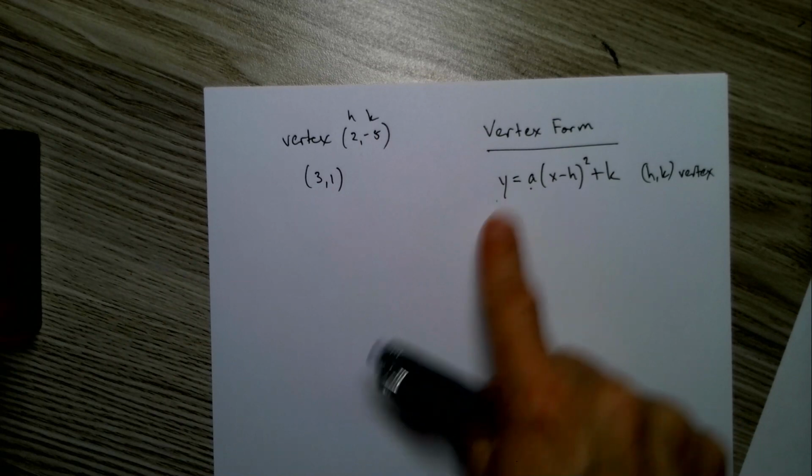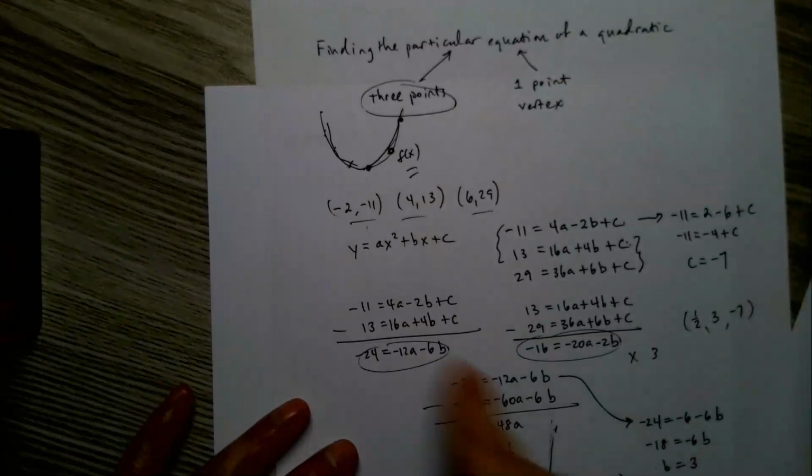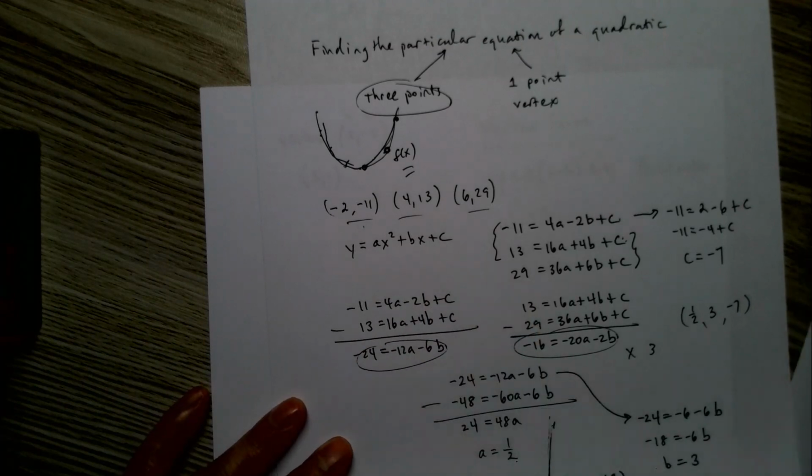And notice in the vertex form, all you have to do is solve for a. It's the only constant you need to solve for, as opposed to earlier in the standard form when you had to solve for a, b, and c. So that's good news. Less work.